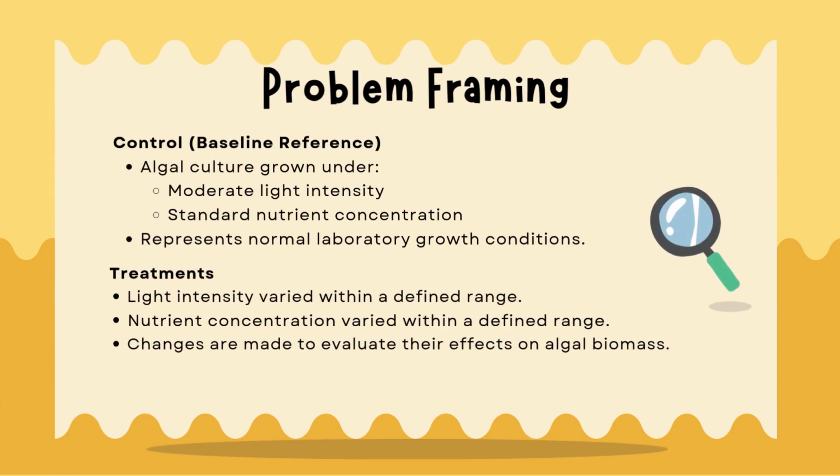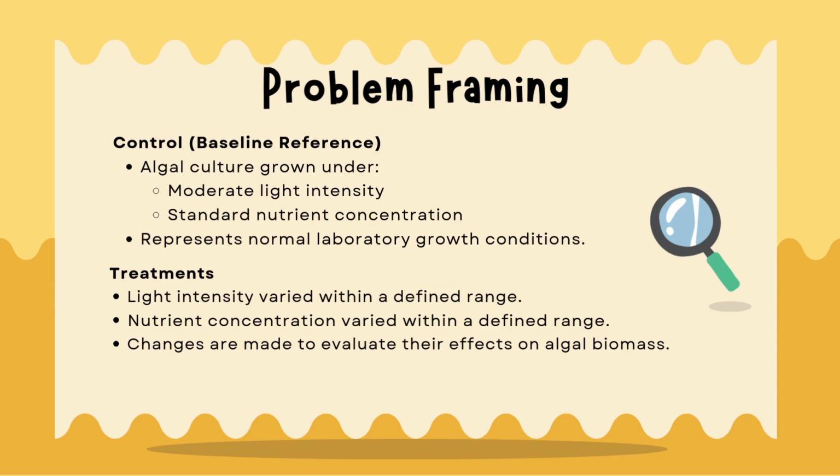In this experiment, we define both a control group and treatment groups. The control group represents the baseline condition where algae are grown under standard laboratory settings using moderate light intensity and a standard nutrient concentration. This condition reflects normal growth without additional stress and allows us to make comparisons.